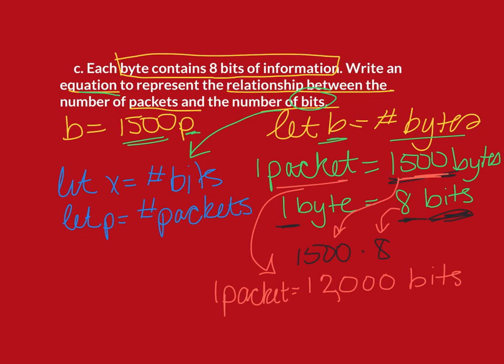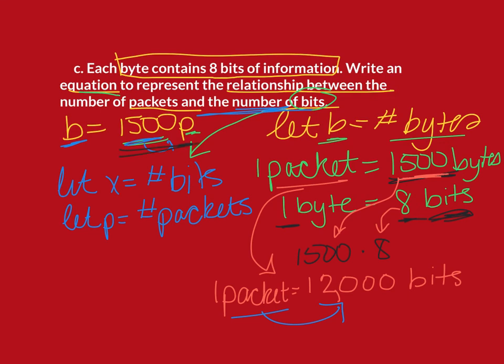And again, this is already given information, but we don't want to forget. So, just like here when I was looking for the total number of bytes, I multiplied that number times the number of packets. In this case, I'm looking for the total number of bits. So I've already found that in 1 packet there's 12,000 bits. So I would therefore, just like in the original, multiply that number times the number of packets.